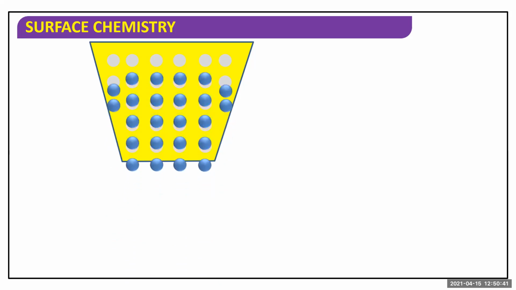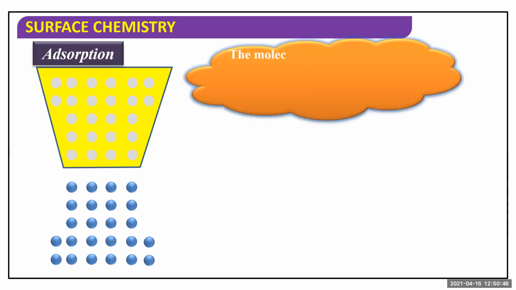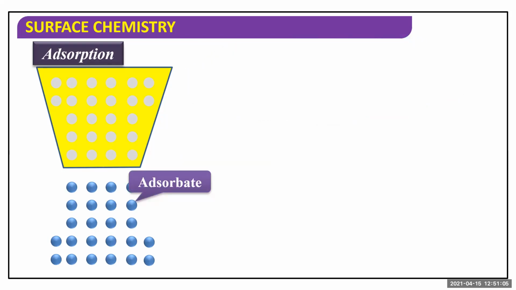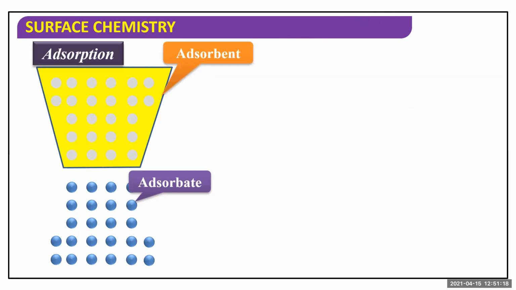The molecular species or substance which concentrates or accumulates at the surface is termed the adsorbate. And the substance on whose surface adsorption takes place is called the adsorbent. This is the adsorbent.